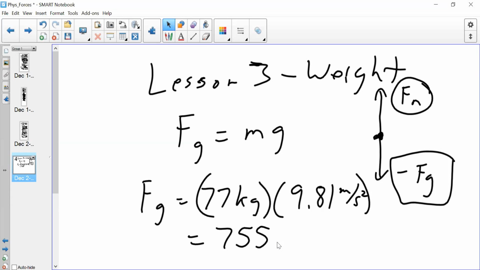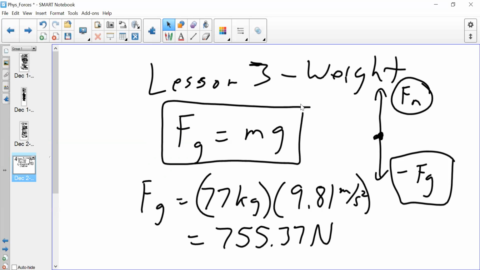That's the force due to gravity. That's my weight in newtons, and then I can convert that to pounds as necessary. So that's all weight is, this equation.